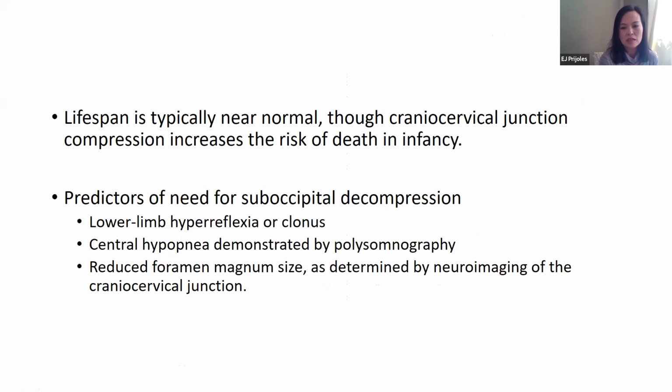But one of the key points I think is important to note, craniocervical compression can increase the risk for death in infancy.